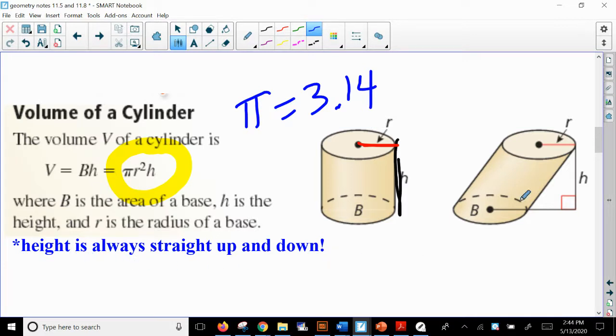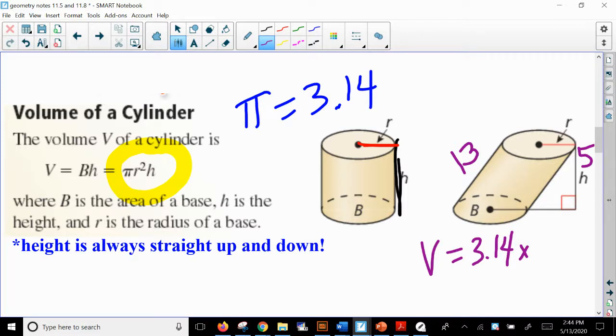Because some of these problems in the book, your can is slanted for some dumb reason. So let's say there was a number right here. Because sometimes they be trying to get you got. But then they let you know that the height is something else. So if you were to find the volume of this cylinder, you do pi 3.14 times your radius squared.